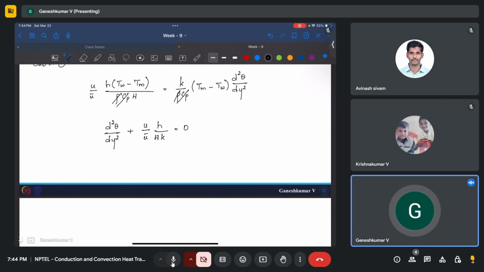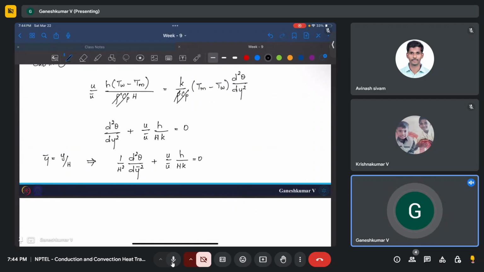Now we also know y bar is nothing but y by h. Again, non-dimensionalization. So if you do that, it becomes d square theta by dy bar square, times 1 divided by h square, plus u by u bar h by hk equal to 0.